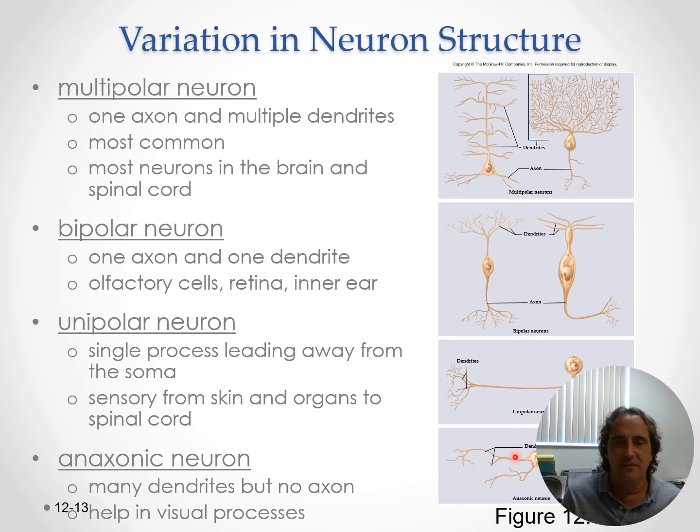These are found in the visual process in the occipital lobe. All these different types just tell you that there are many different types of neurons in our body, and all of them have unique functions that help us take information from the outside world, process it, and then act on it.